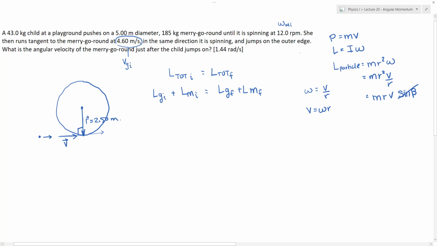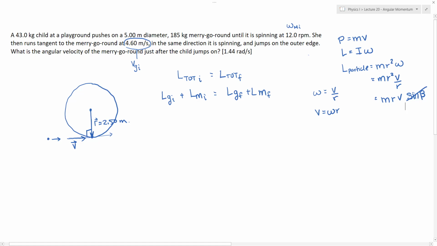So for the angular momentum of the girl, what do we know about the girl initially? Do we know her omega or do we know her v? Well, she is running with a velocity of 4.6, so we know her v. So I'm going to write mass of the girl, r, times v of the girl, initial. I'm using mrv because we know v, plus the angular momentum of the merry-go-round.